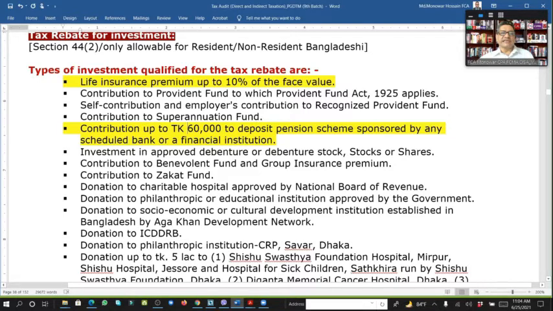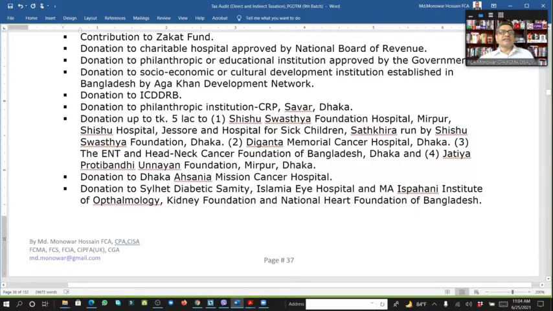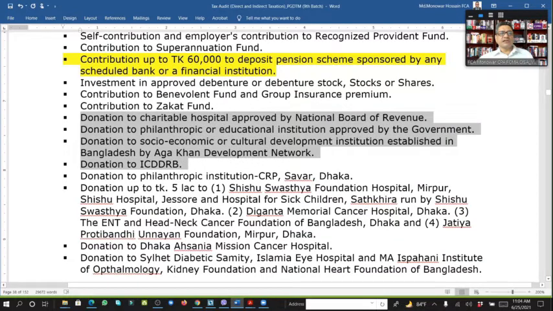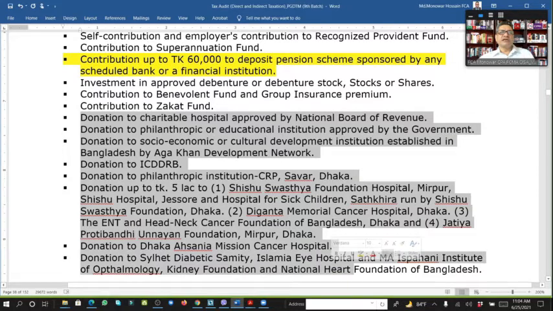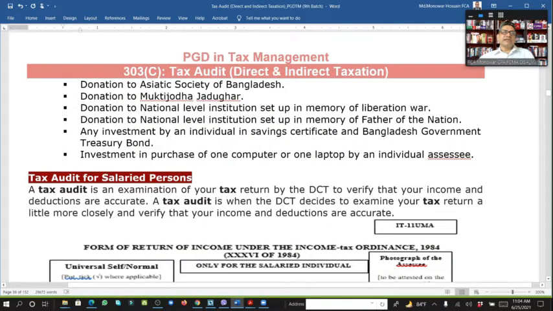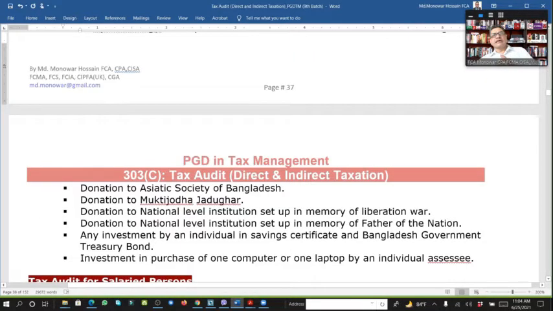And if you donate to different hospitals, Aga Khan Development Network, ICDDRB, Shabar CRP, Bangabandhu Memorial Trust, etc., these are items for tax rebate. If we donate to another organization, it is not calculated as a rebate.